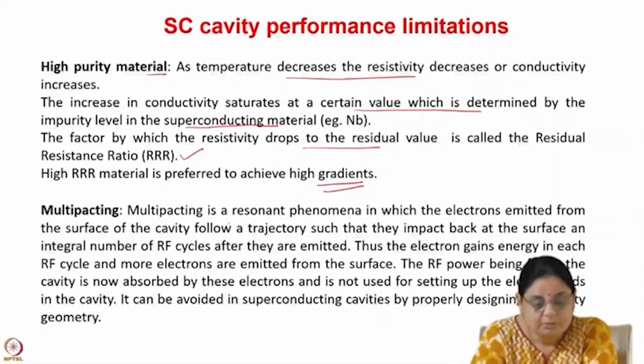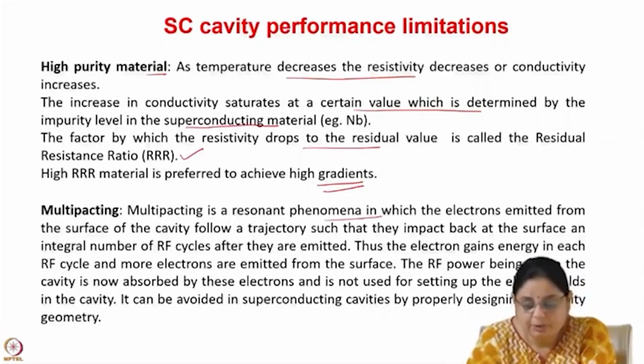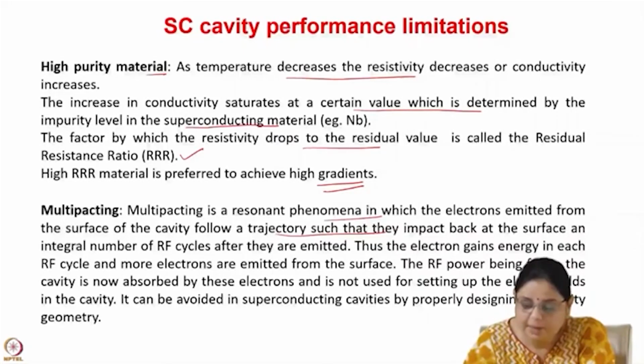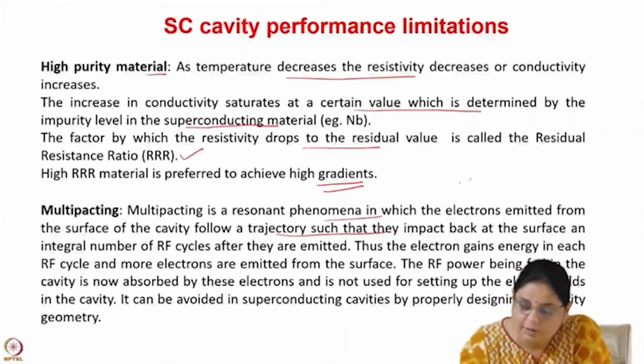Multipacting. Multipacting is a resonant phenomenon in which the electrons emitted from the surface of the cavity follow a trajectory such that they impact back at the surface an integral number of RF cycles after which they are emitted. Let's say you have a cavity like this, and at a certain instant of time an electron is emitted.